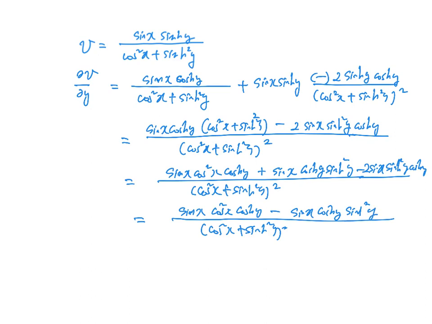So we can combine them together as over cosine square x plus sine hyperbolic square y, squared, sine x cosine hyperbolic y times cosine square x minus sine hyperbolic square y.